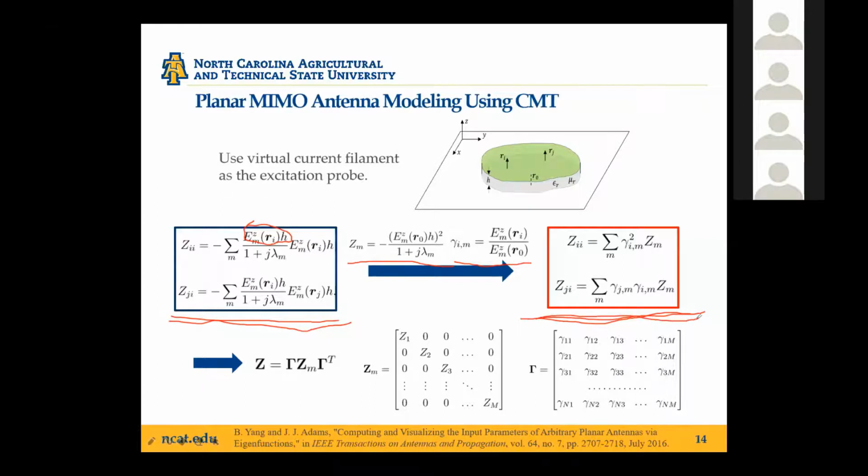This expression essentially boils down to the mathematical expression shown down here, where ZM is again a diagonal matrix with each diagonal entry showing the impedance of each individual mode, and gamma is a matrix defined based on the normalization of the field.